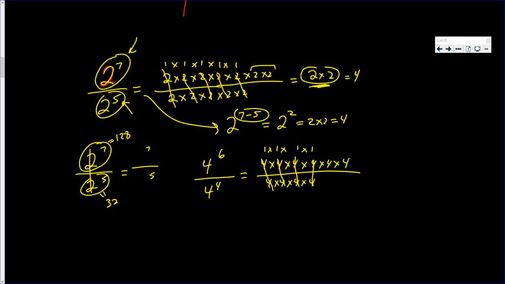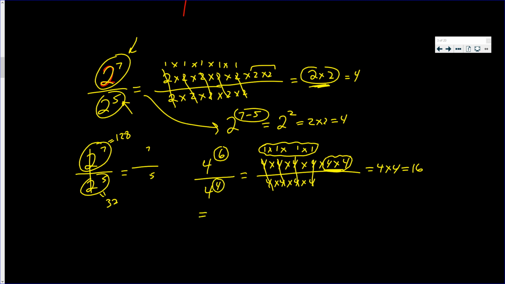So the final answer will be these numbers times those numbers. But these numbers just multiply out to 1. And 1 times 4 times 4 happens to be 16. Now, why were there 2 4's left over? Oh, that number 6 is 2 more than 4.